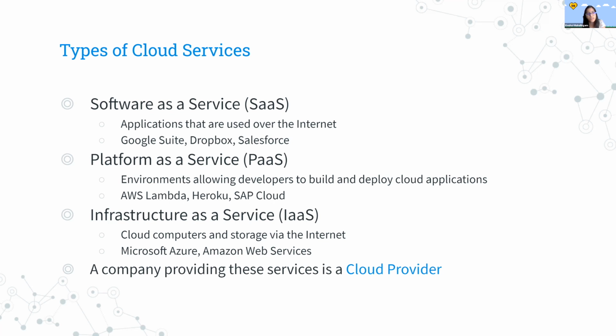Okay, so the second one we're going to talk about is called platform as a service. And these are essentially just environments that allow developers to build and deploy cloud applications. What this means is that they provide cloud components to a software, and they essentially provide a platform for software creation via the internet.